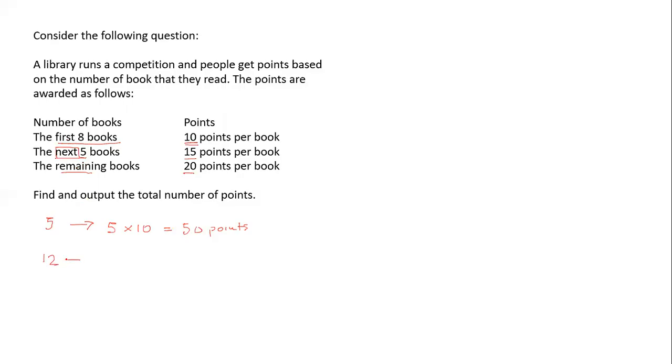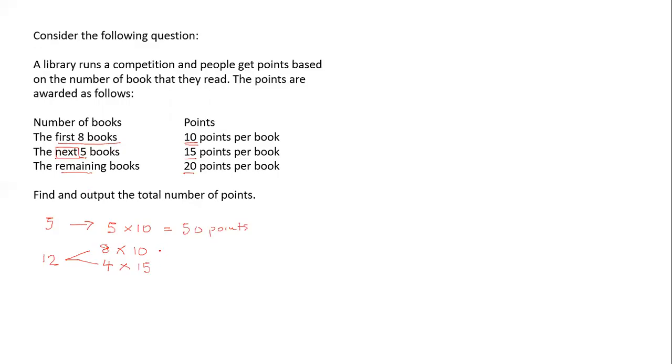If they've read 12 books, then in this case, there's 2 parts to it. The first part is the first 8 books, and then you got a remaining 4 books, which falls into the second category of the next 5 books. So the 8 books are calculated at 10 points, and the 4 books are calculated at 15 points.